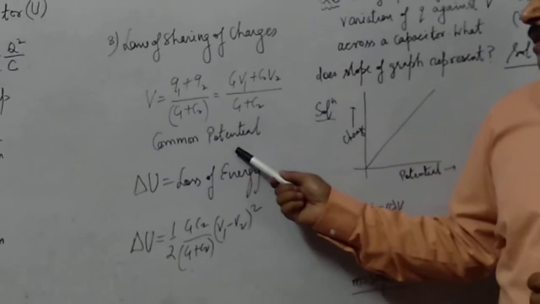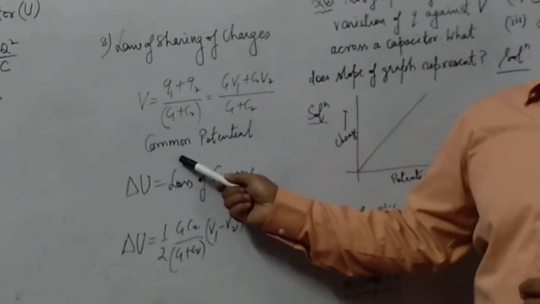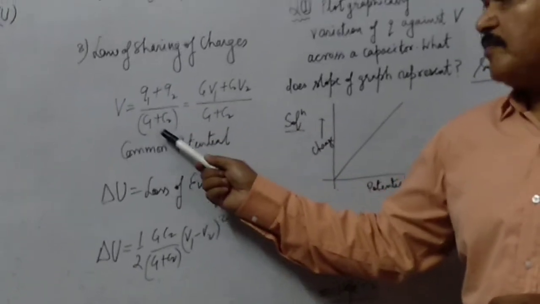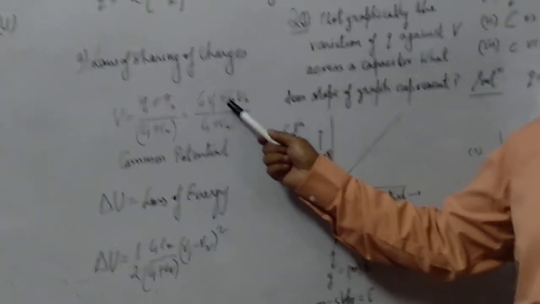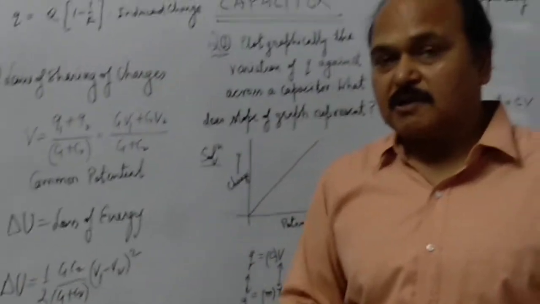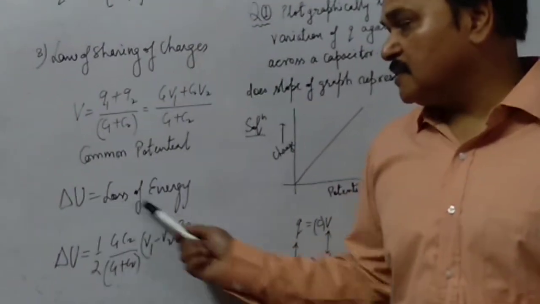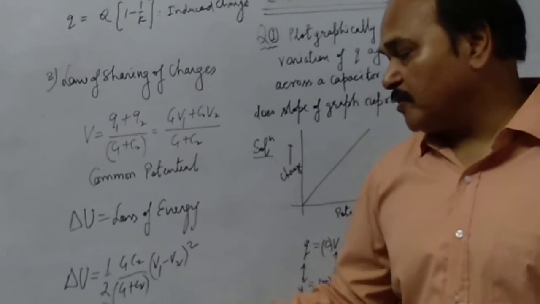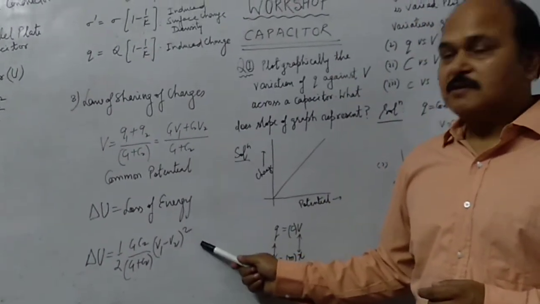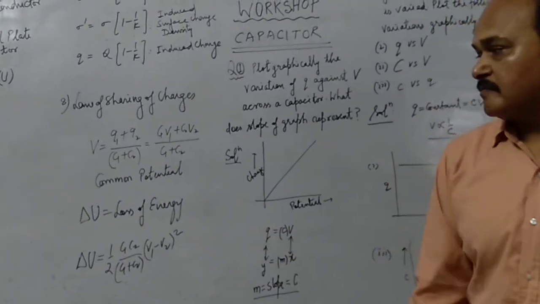That can be found by the law of conservation of charge. Common potential is the total initial charge upon C1 + C2, that is, (C1V1 + C2V2) upon (C1 + C2). As the charges move from one conductor to another, energy is lost, and the energy lost is 1/2 (C1C2 upon C1 + C2)(V1 - V2) whole squared. So this is the formula of energy lost.